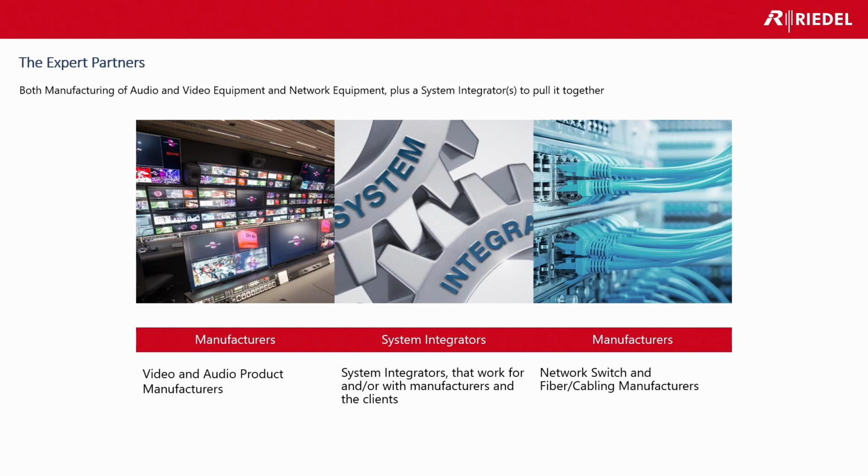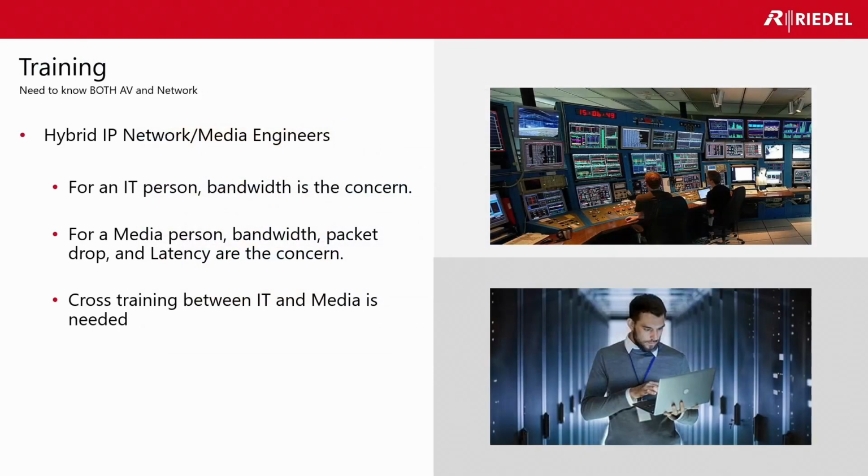And really important, that's my final slide. For an IT person, bandwidth is a concern. If they have, let's say, a data center, they're concerned about bandwidth. They don't want to oversubscribe it. This is really important for them.